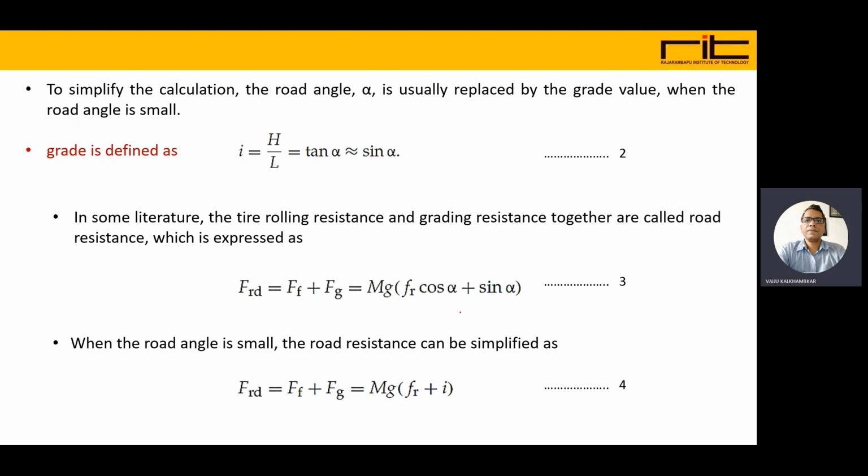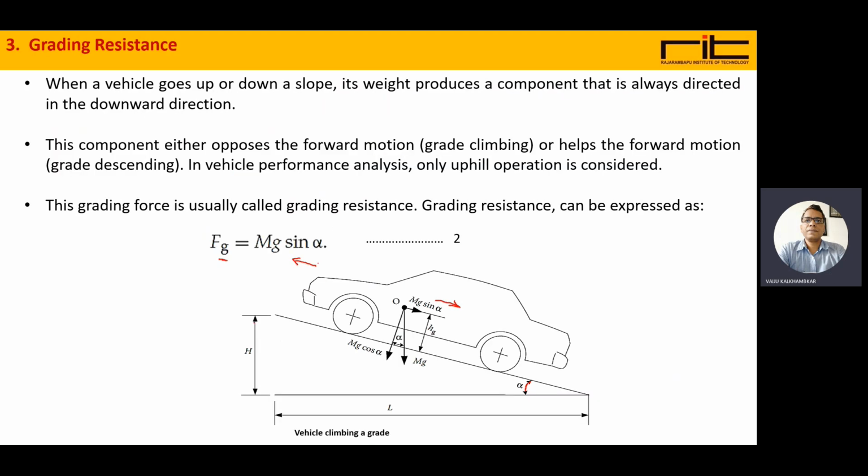To simplify the calculation, the road angle alpha is replaced by the grade value when the road angle is small. So for a small road angle, grade can be defined as i equal to h divided by L. Here h is the slope height, and L is the length of that road or slope.